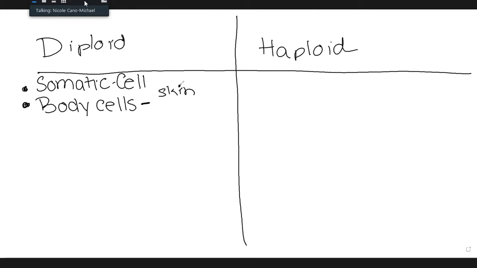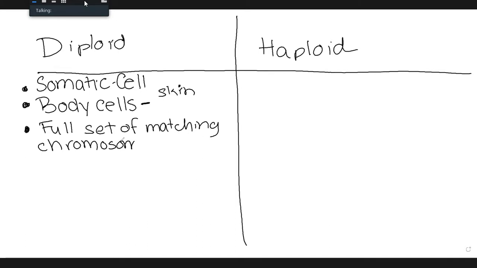All right, so what is the key thing with a diploid cell? A diploid cell has a full set of matching chromosomes. If I need to show this in a symbol, I'm going to say it is 2N.